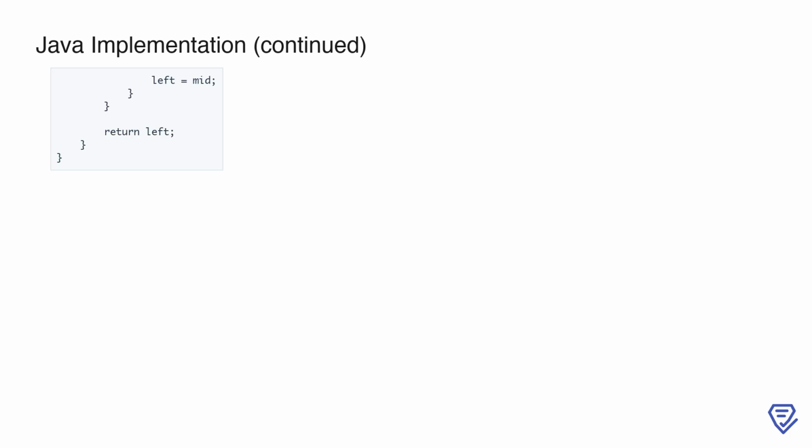For each iteration, we calculate the midpoint and use the canPlaceStations function to check if the midpoint is a feasible maximum distance. If it is, we narrow the search range by setting right to mid, otherwise, we set left to mid. Finally, once the loop terminates, we return left as the smallest maximum distance that satisfies the problem constraints.